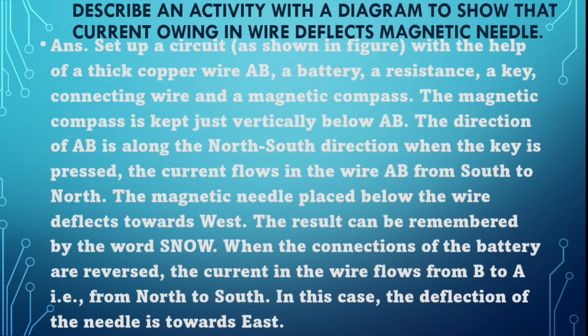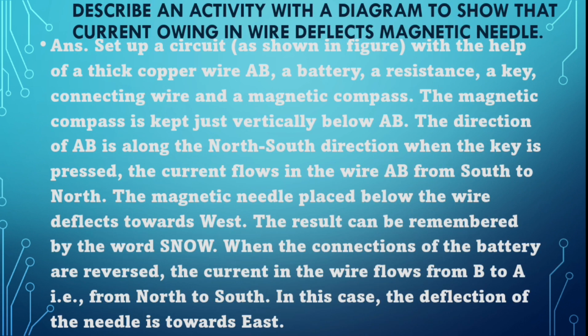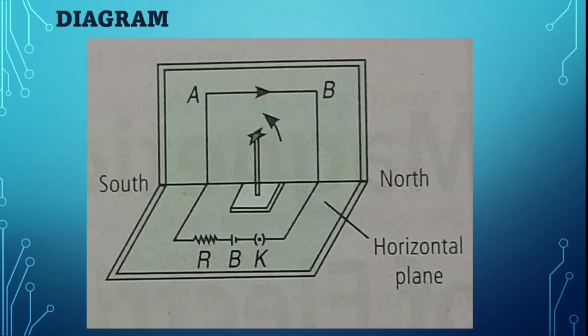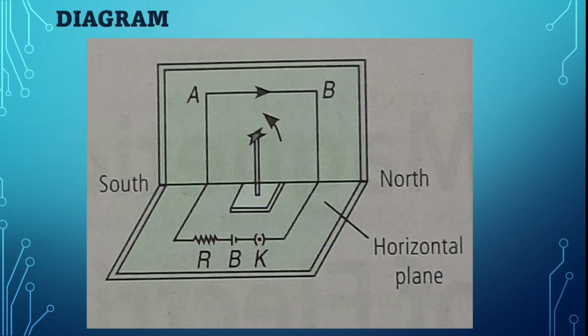A battery sign is given over here, B, and the resistance R, the key K, connecting wires and a magnetic compass, which is given as a needle. The magnetic compass is kept just vertically below AB. The direction of AB is along the north-south direction.